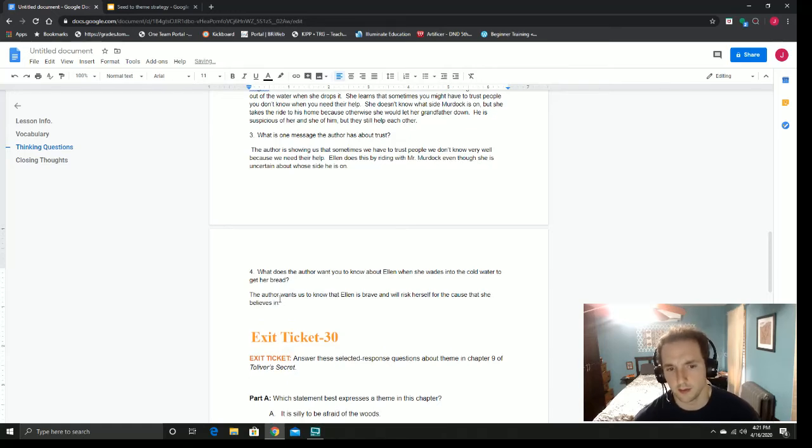I think this last part is important. If we dive into all of the different hard things that she does, and think about the reason why she's doing it, it's all because she wants to accomplish this mission of delivering the bread. She goes into the woods even though she's scared because she wants to deliver the bread. She gets on a horse with a man that she doesn't know because she wants to deliver the bread.